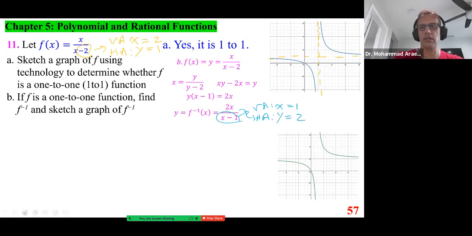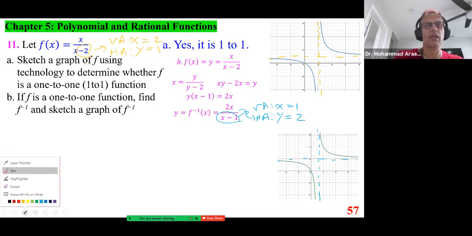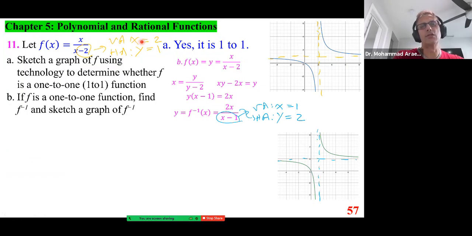So take a look. The graph goes, and it's always a dash line. So VA was x equals 2. That's why HA is y equals 2. HA was y equals 1, and it's x equals 1. So right away, it tells you that it's working out.